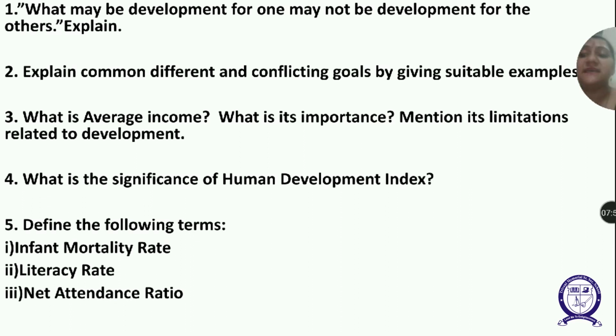Next is net attendance ratio. This is the total number of children of age group 14 and 15 years attending school as a percentage of the total number of children in the same age group. It's called net attendance ratio.